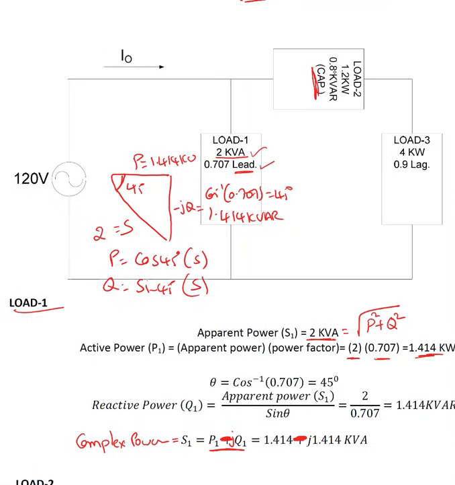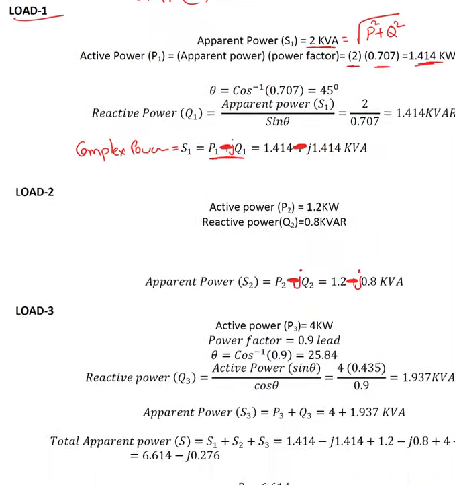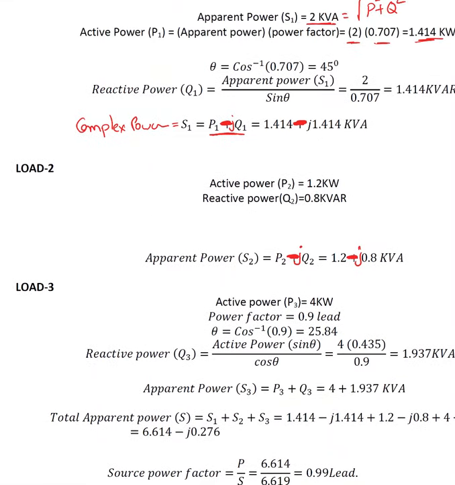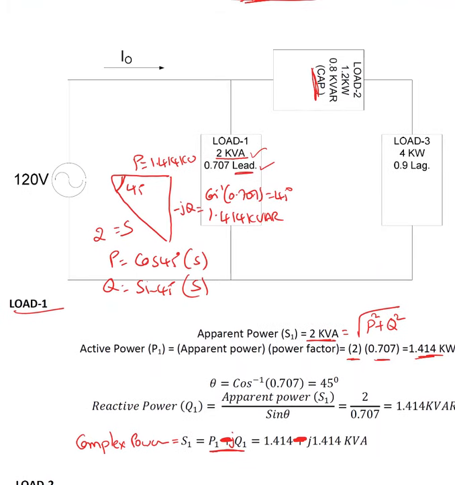He gave you the P value as well as the Q value, so P2 minus jQ2. Now load 3: he gave us 4 kilowatt P value and 0.9 lagging power factor. I didn't draw a power triangle for load 2, but if you want to, that's P, that's Q. We know those two values, so there are not many calculations involved here.